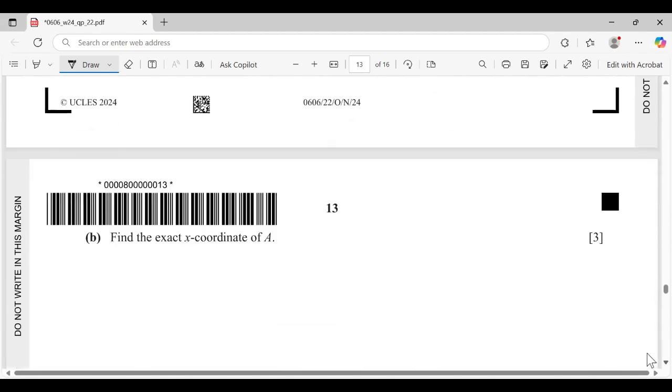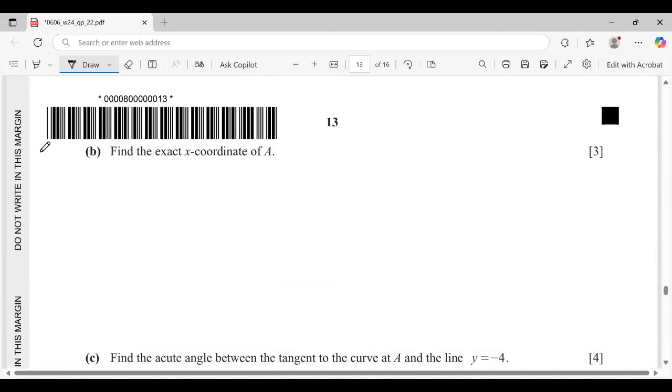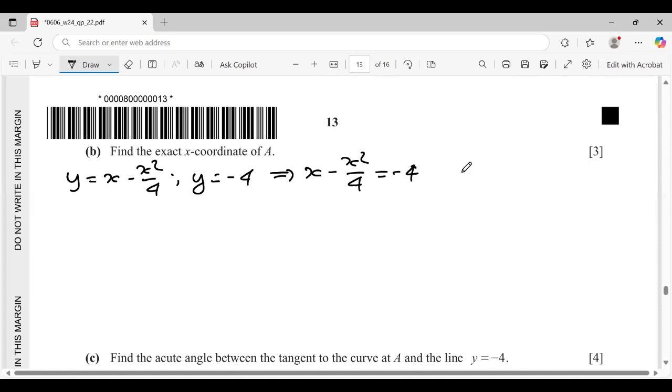So we set x minus x squared over 4 equal to minus 4.